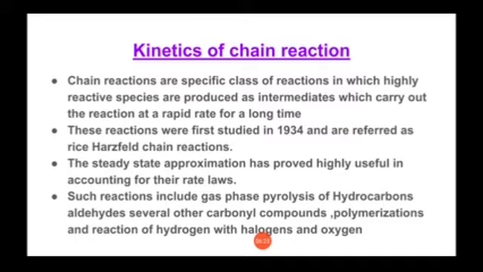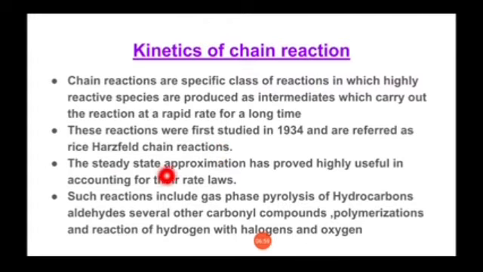Means highly reactive species like carbocations, carbanions, free radicals are produced as intermediates which carry out our reaction at a rapid rate for a long time. These reactions were first studied in 1934 and referred to as Rice-Herzfeld chain reactions.